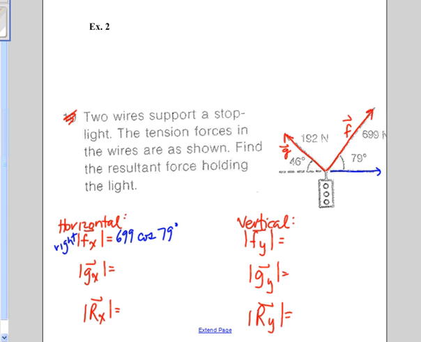For G, I am looking for this horizontal component. I am going to use 192. Again, I use cos for horizontal, 46 degrees. It will give me a horizontal component to the left. So when I have calculated those, I will subtract to get the resultant component.